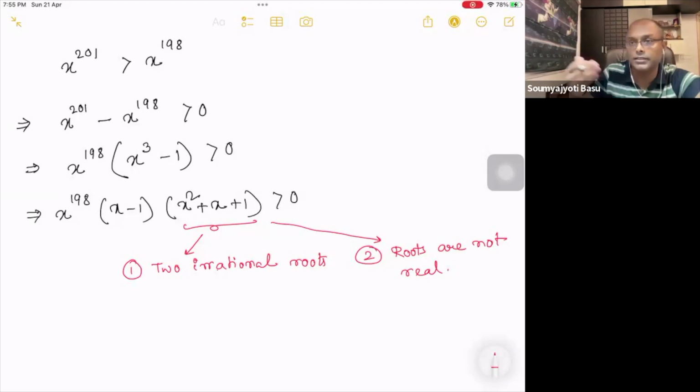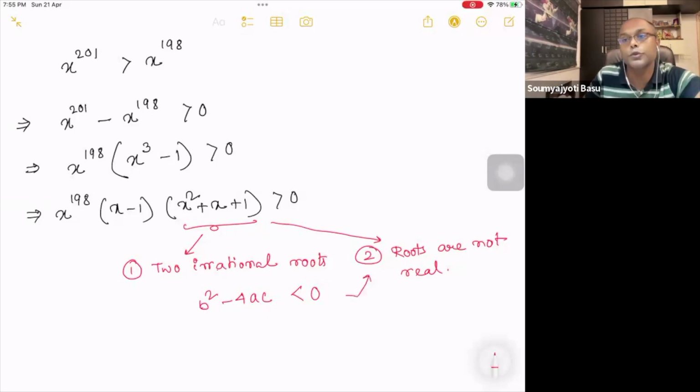Just verify whether this is a case of 1 or case of 2. In this case, I can clearly see that the discriminant b square minus 4ac is less than 0. Verify it by yourself. This shows that this is the case of 2. Roots are not real. For x square plus x plus 1, the roots are not real.